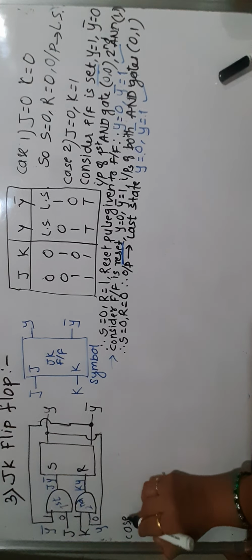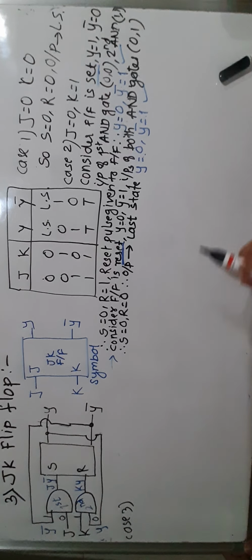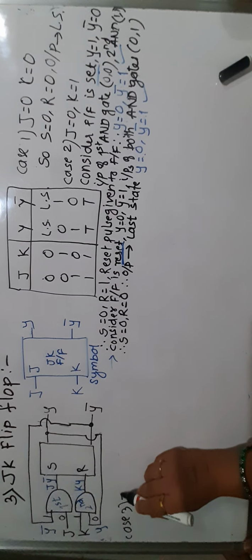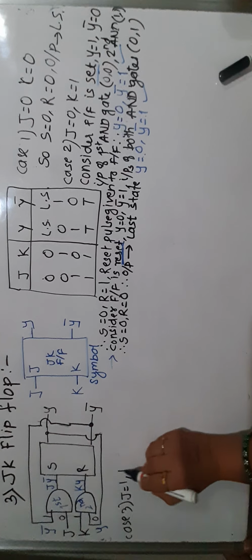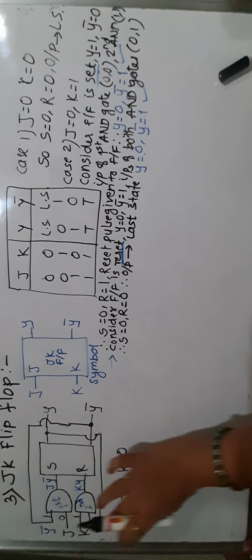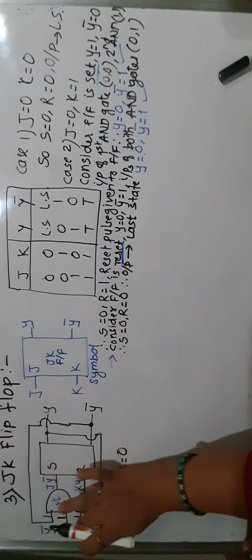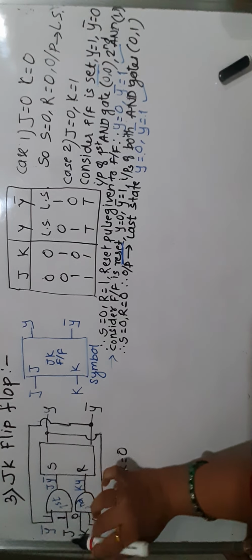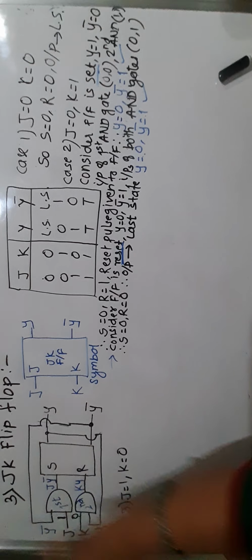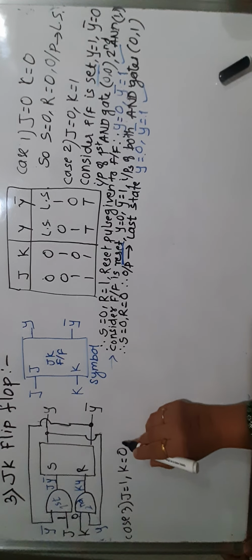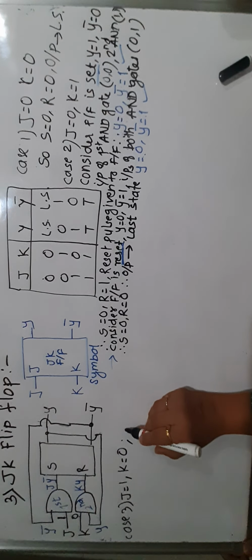Now case 3, when j equal to 1, k equal to 0. So here we will write j is 1, k is 0. Again let's consider first case.